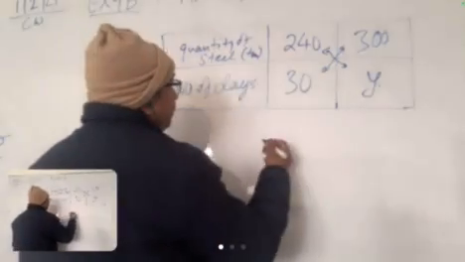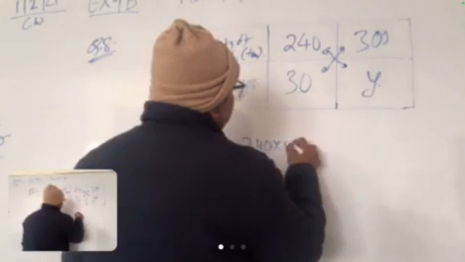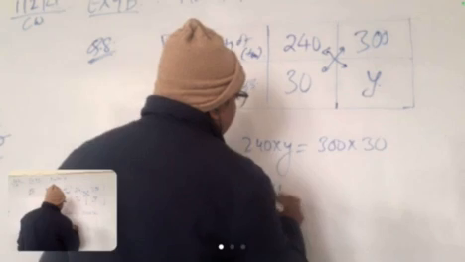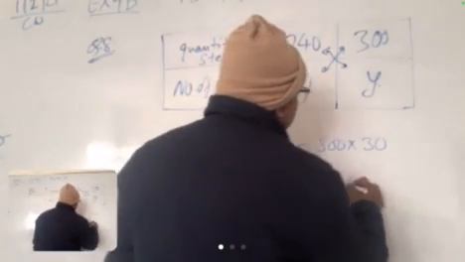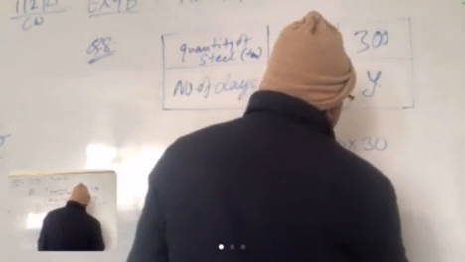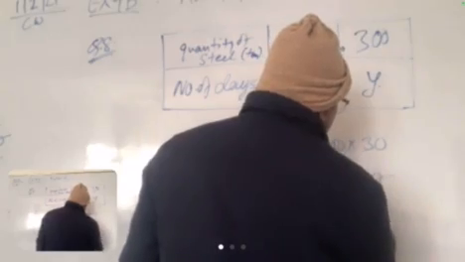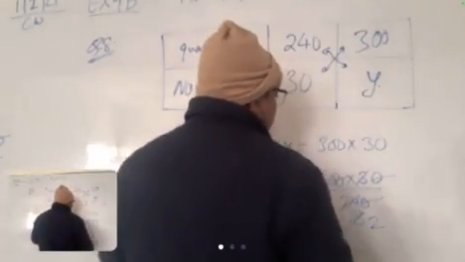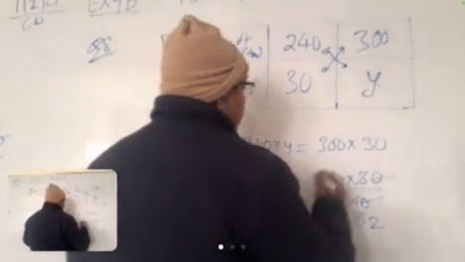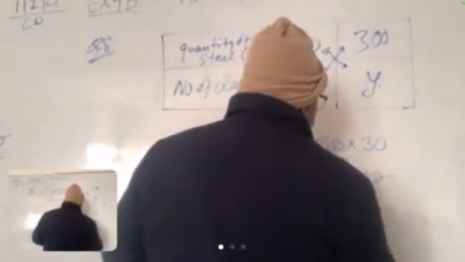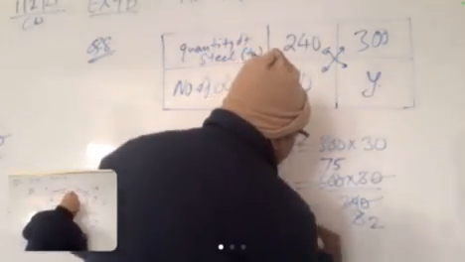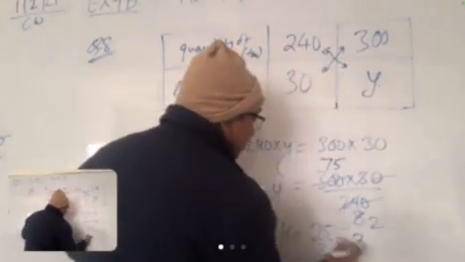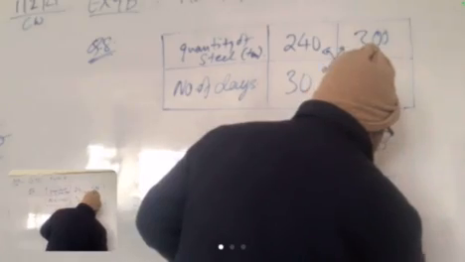And now 240 multiplied by y is equal to 300 multiplied by 30. So y is equal to 300 multiplied by 30 upon 240, and 75 upon 2. So y is equal to 75 upon 2, which is equal to 37.5.